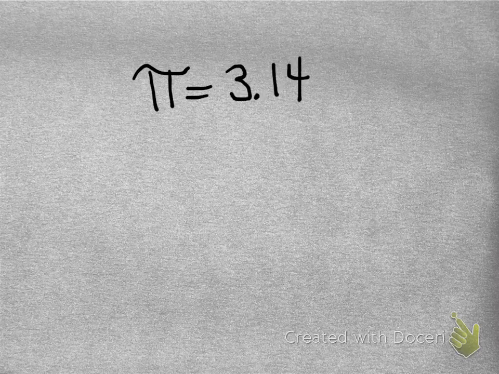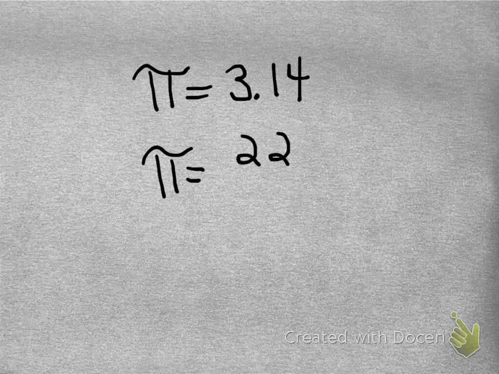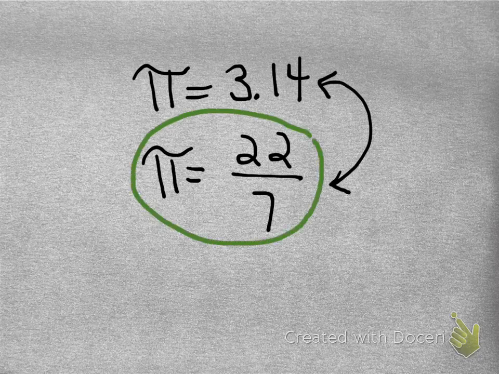You will also see that pi can equal 22 over 7. You can use this or this. You want to use the fraction piece if your radius or diameter is being given to you as a fraction. It might make it easier. So that's how to find circumference in a circle.